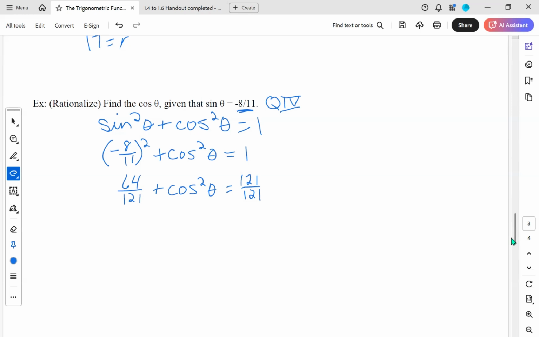So now I subtract the 64 over 121. That's going to give me cosine squared theta is equal to 47 over 121. And now I need to square root both sides. So this is going to give me the cosine of theta is equal to plus or minus the square root of 47 over 11.